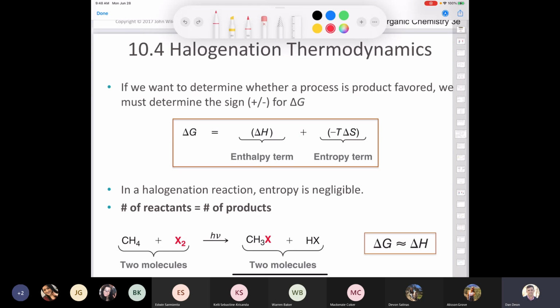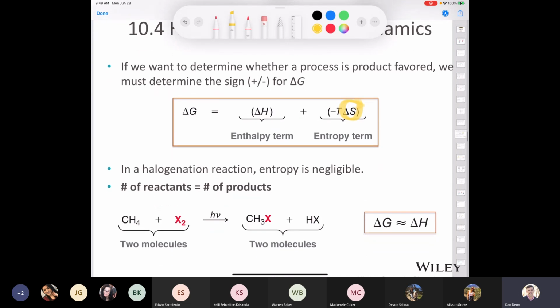So let's talk about the entropy term first, okay? All of this over here. Negative T multiplied by delta S. Well, if you just look at the change in entropy, the entropy term is essentially negligible for looking at halogenation reactions. The reason why is because you're starting with two molecules, your alkane plus your halogen, and you're ending up with a haloalkane plus some kind of HCl, HBr, whatever, okay?